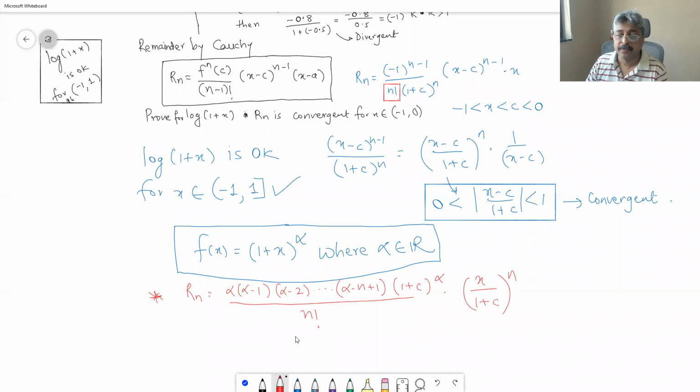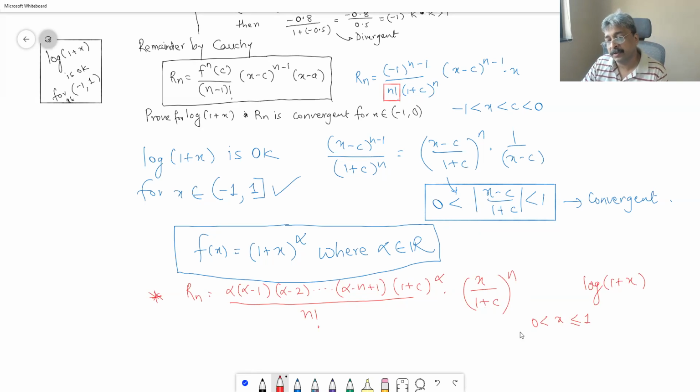And this is something similar to your log 1 plus x also. We got exactly the same. So their condition was, again, we have to write down Cauchy's remainder for this, because Taylor's will work only between 0 to 1, maybe 1 inclusive.